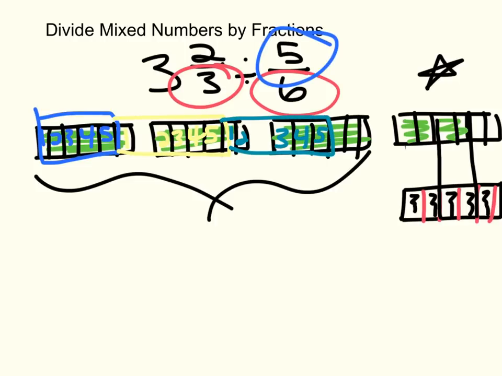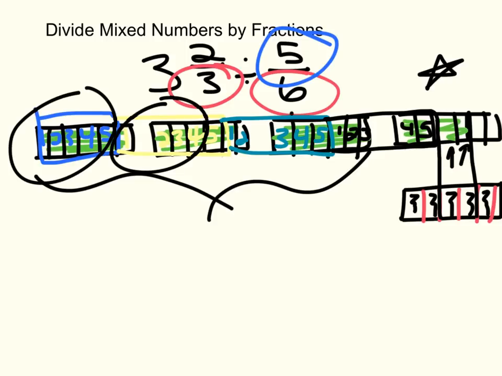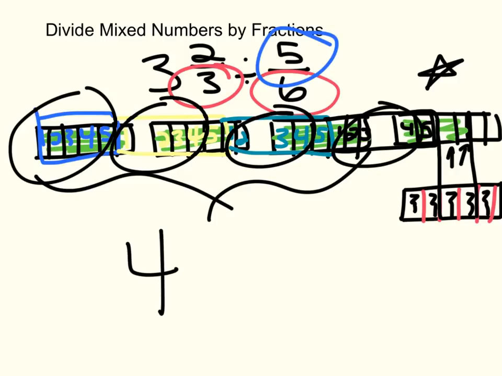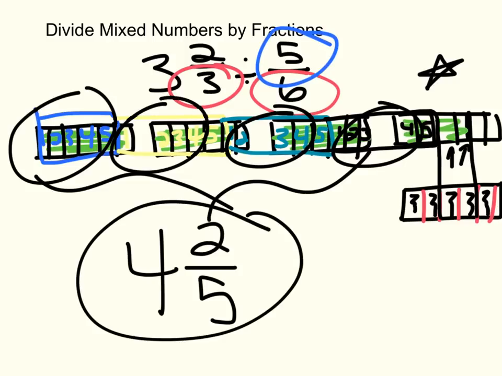I have a third group of 5. 1, 2, 3, 4, 5. There's my fourth group, and then I can look and see, well, what do I have left? I have those 2 pieces, 1, 2. So I had 1, 2, 3, 4 full groups of 5, and I had 2 pieces left towards the next 5.